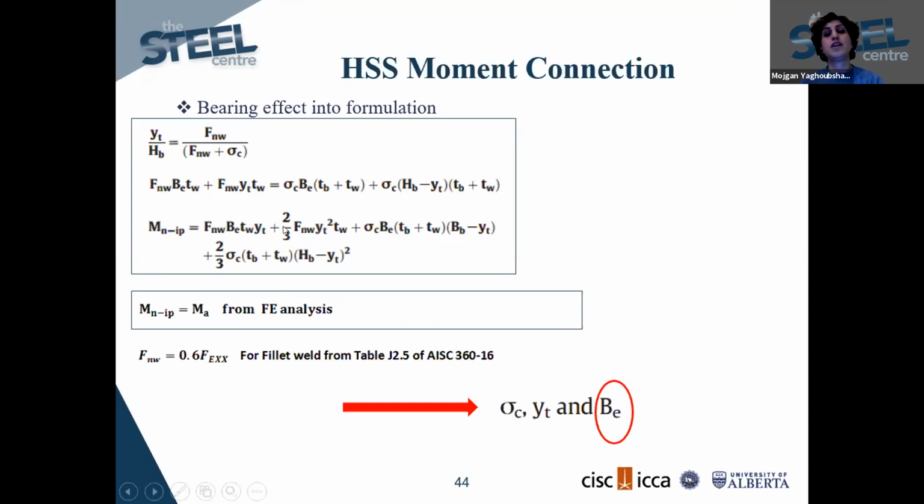I ran these three equations over all 61 finite element solutions, and by doing that, the B effective and also the neutral axis location were calculated.